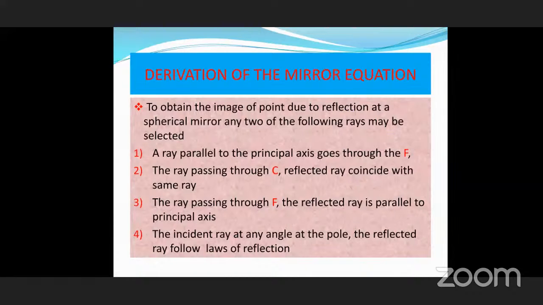The relation among f, u and v is called the mirror equation. To obtain the image of a point due to reflection at a spherical mirror, whether concave or convex, we have to consider some important rays. Here we have taken 4 types of rays; you can take any 2 of them. The first ray is parallel to the principal axis.